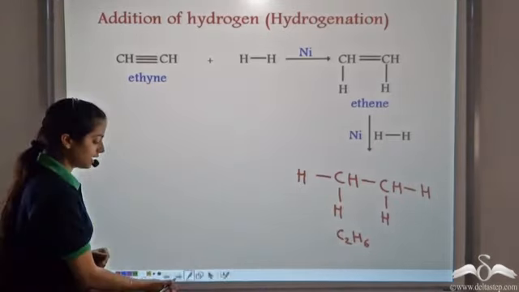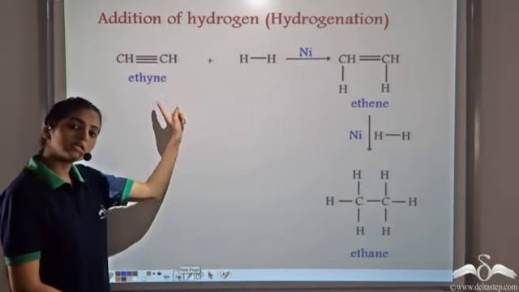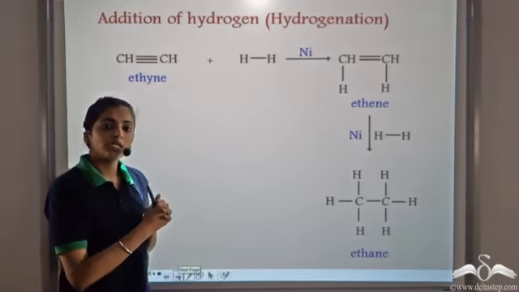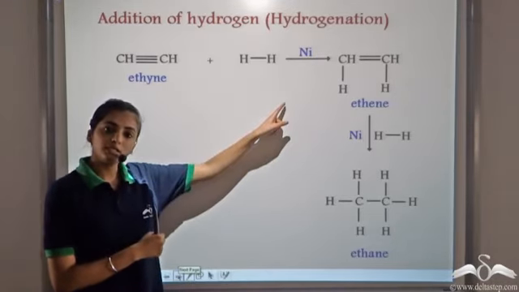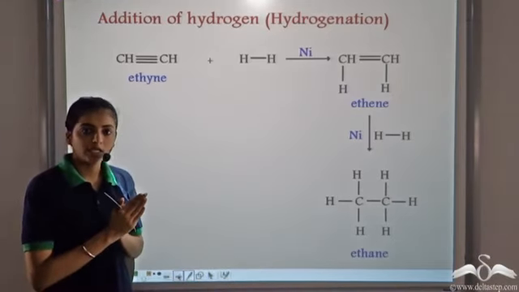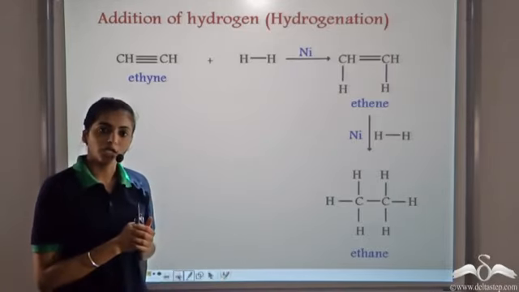So from ethyne, that is a triple bonded compound, in the first step we get ethene, which is a double bonded compound, and in the second step, from ethene we get ethane. So in the addition reactions of alkynes, from the unsaturated hydrocarbon, we get the saturated products.